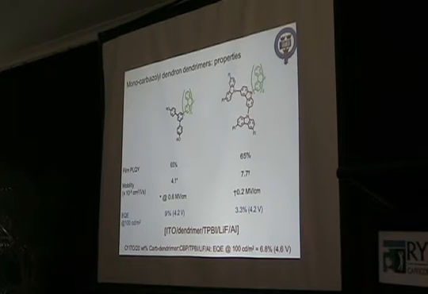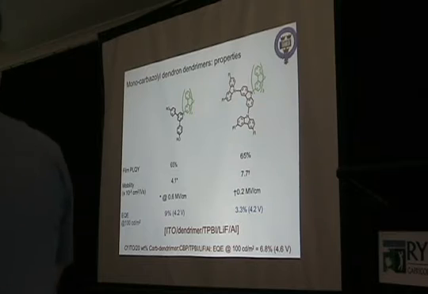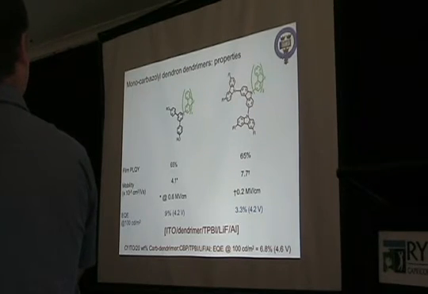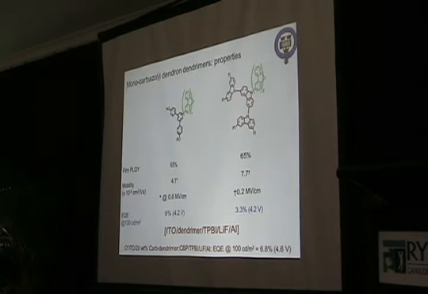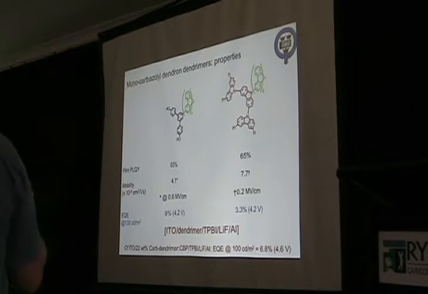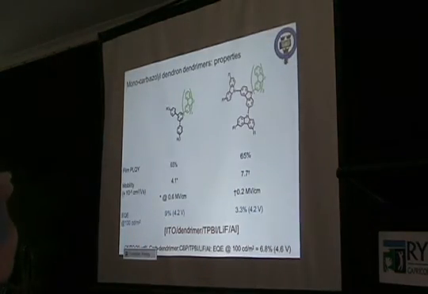What reaction do you use to put these together? It's palladium chemistry, and the fantastic thing about the chemistry that the guy worked out is that you can buy the dibromo carbazole, so there's bromine here, and in a simple reaction you can put on these surface groups.